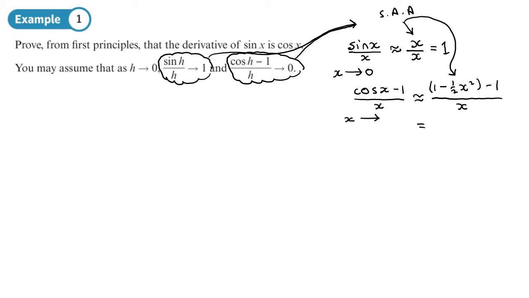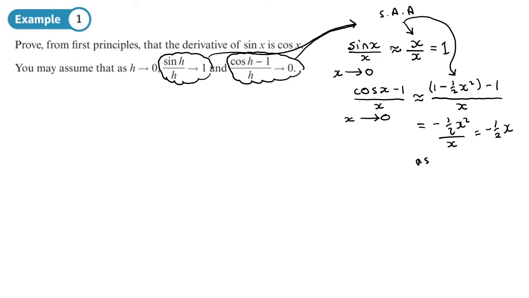Well, what happens at the top is you've got 1 minus 1, so you'll have negative half x squared over x, which just becomes negative half x. So as x tends to 0, basically that's going to tend to 0.